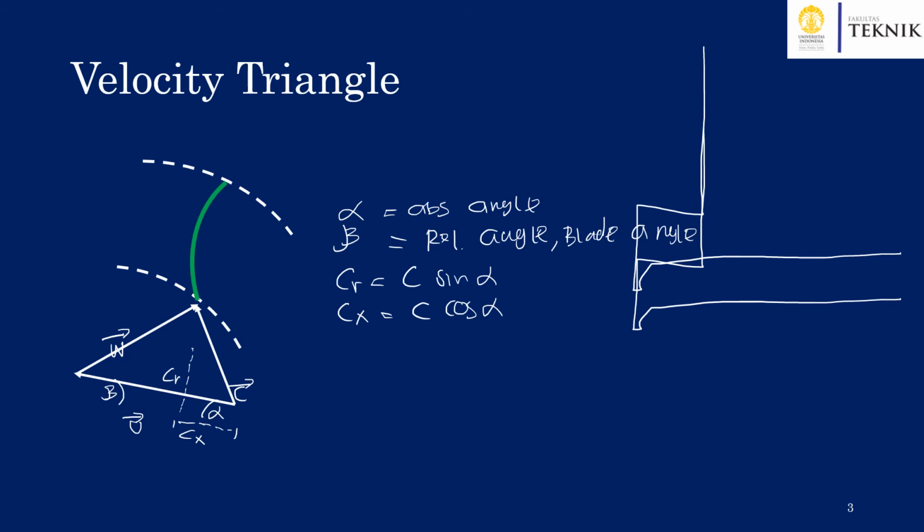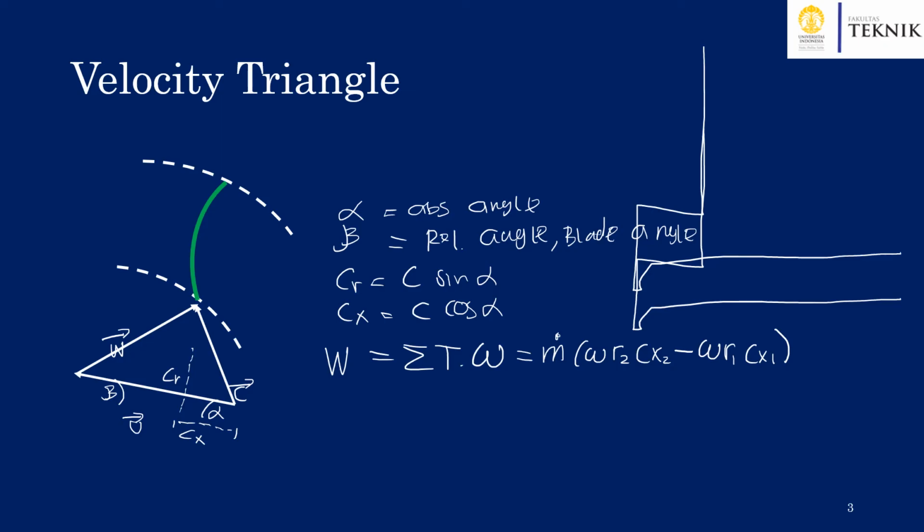Previously we also know that the power that is generated by a turbo machinery, W, is equal to the sum of the torque multiplied with omega, that is equal to the mass flow rate multiplied with omega r2 multiplied with Cx2 minus omega r1 Cx1.